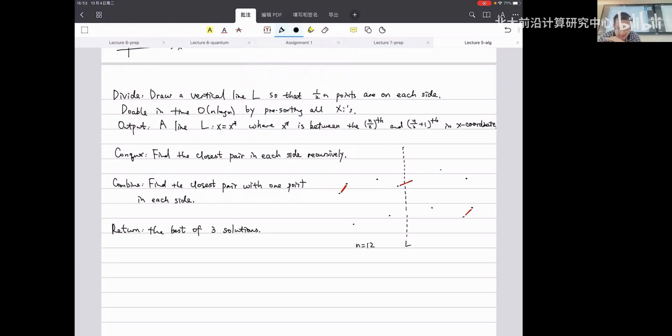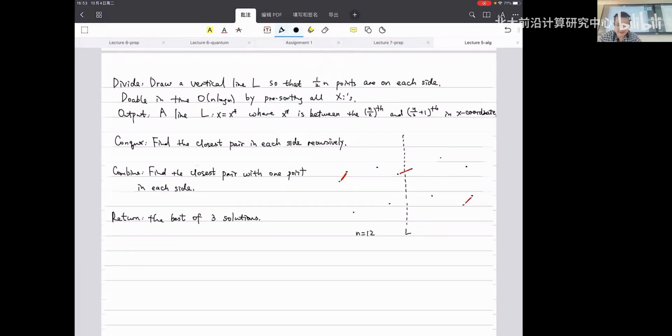Okay, so it seems that the remaining question here is the combine. The combine seems to take theta n squared cost in the worst case. Why am I saying that?